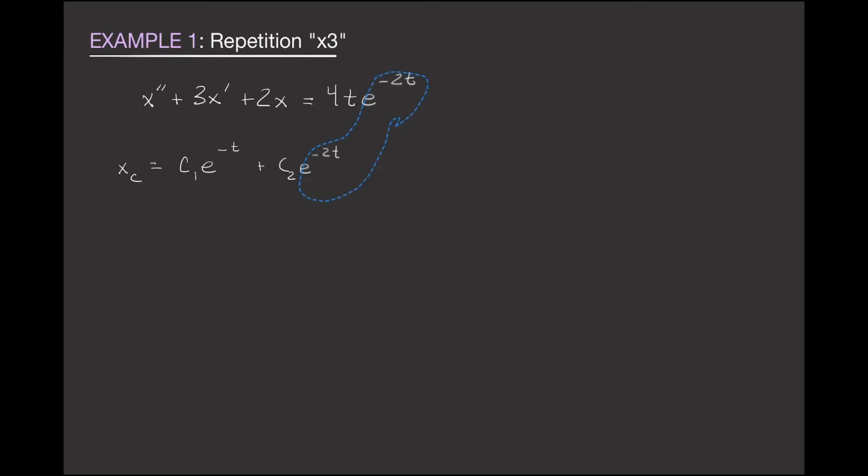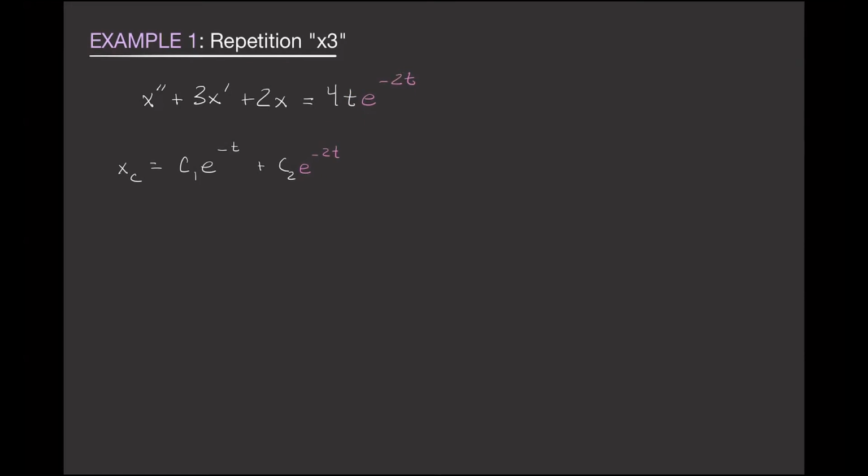Now, it may not seem like repetition at first because what you have in one case is e to the negative 2t, and then in the other case you have t e to the negative 2t. But I claim that this is repetition. So what you would not want to do is just pick this, or this times A, to be your particular candidate.